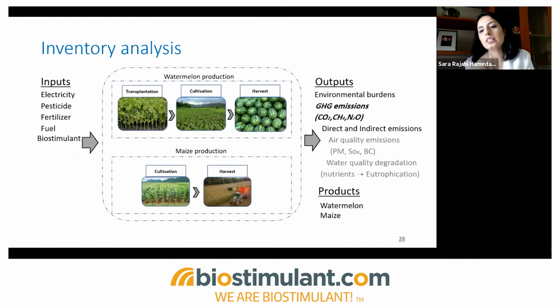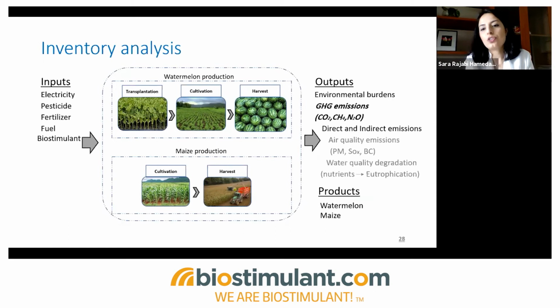Here, in the system boundary, we have all processes related to watermelon and maize production. Inputs of these processes include fertilizer, electricity for irrigation, and whatever is needed to cultivate these crops. Outputs are divided into 2 parts. One is emissions arising from each process to air and water.